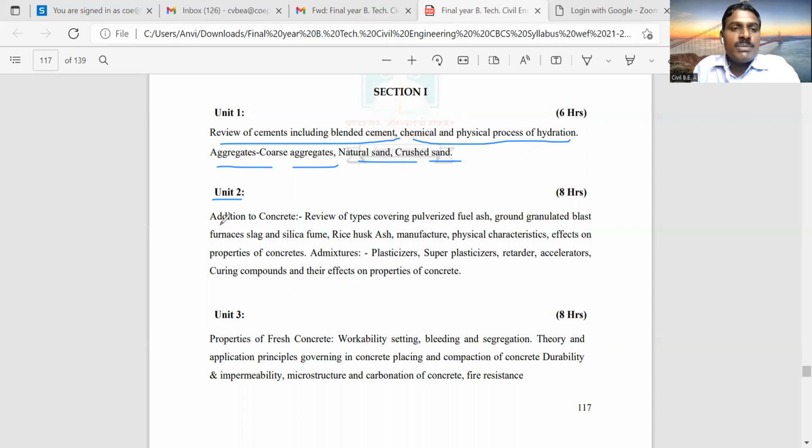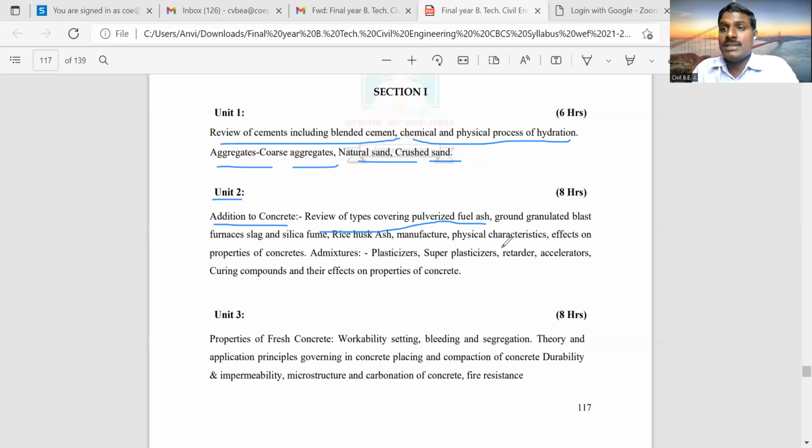unit number 2 is based around additions to the concrete. So the basic ingredients of concrete are cement, sand, aggregate. But something we can add in the concrete, that is the review of types of covering, pulverized fuel ash.